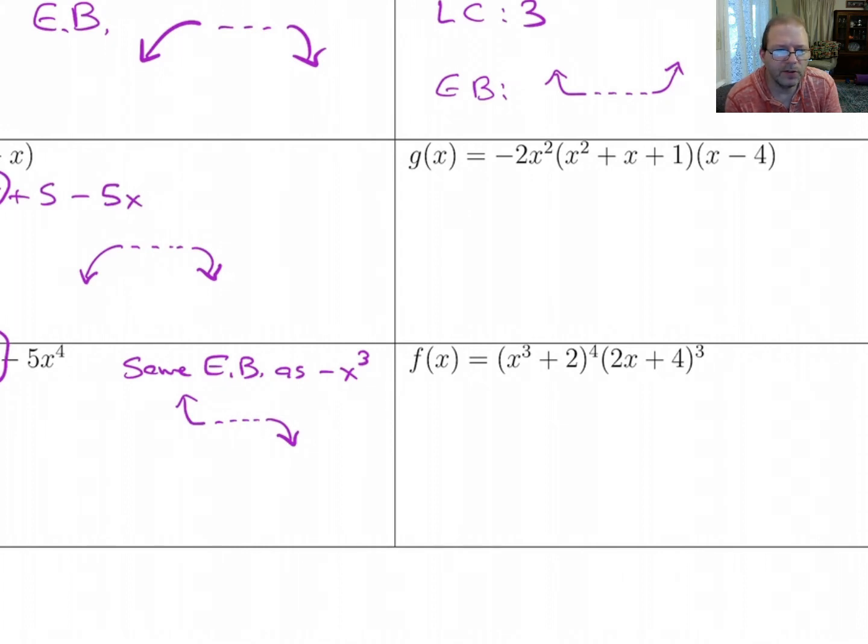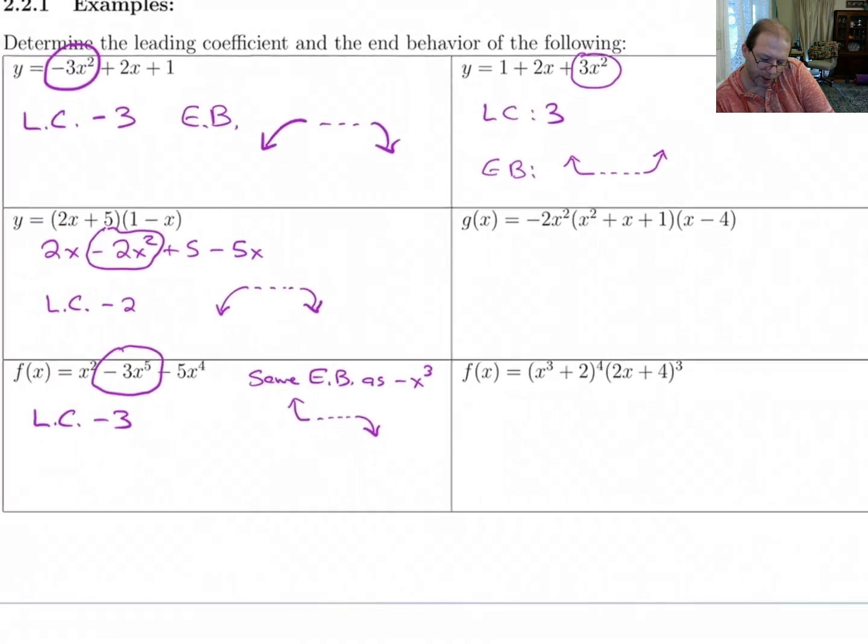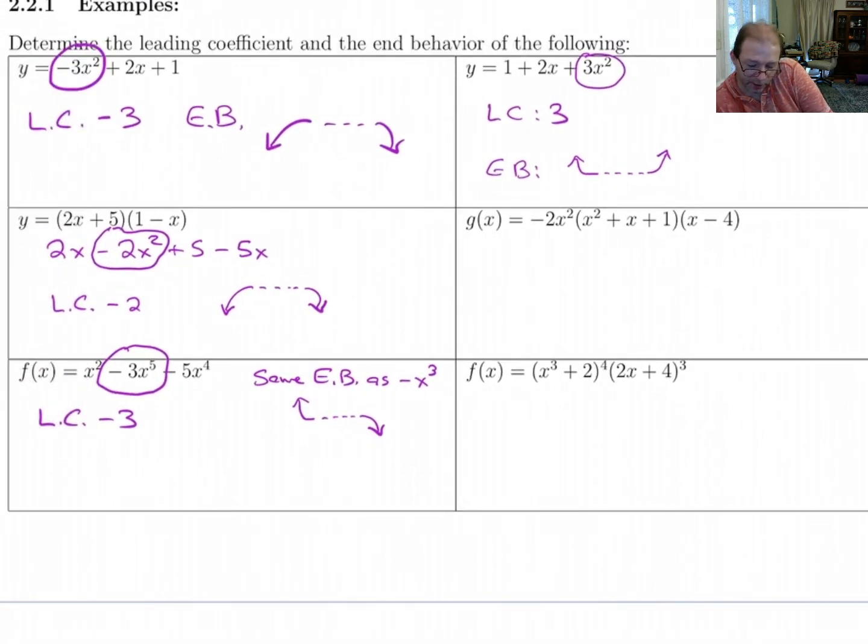This one, let's do the very bottom one first. F of x is x cubed plus 2 to the 4th times 2x plus 4 cubed. Now, I could, if I enjoyed such things, go through and multiply all this stuff out, same way I did this one over here, except it would take a lot longer because of these big powers. But let's not do that. There's a better way to do it.